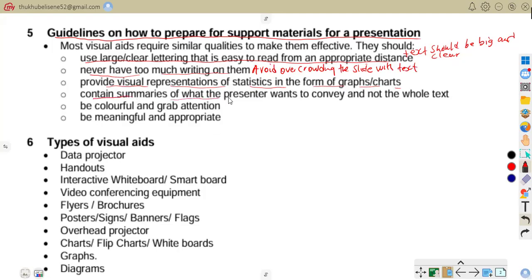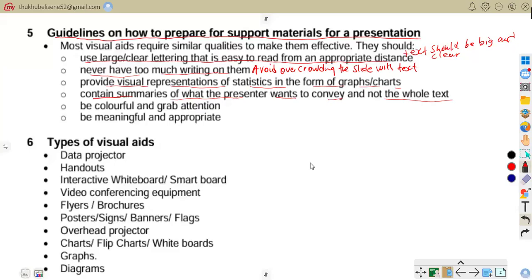Contain summaries of what the presenter wants to convey and not the whole text. Meaning to say, include only key ideas, because the presenter will explain the details verbally.